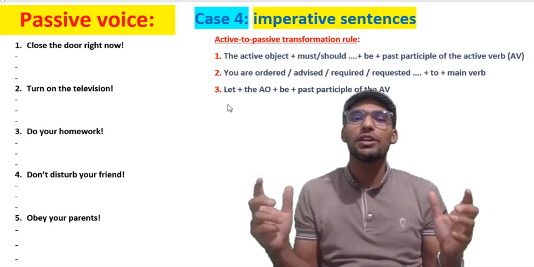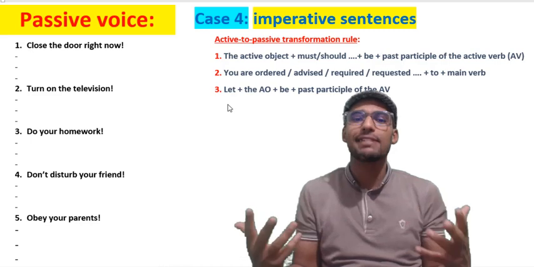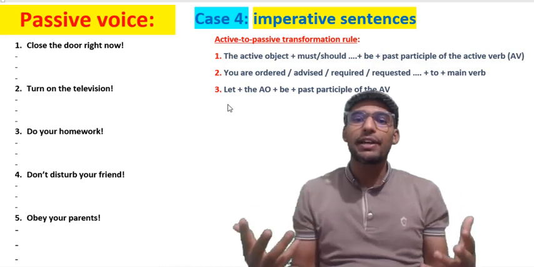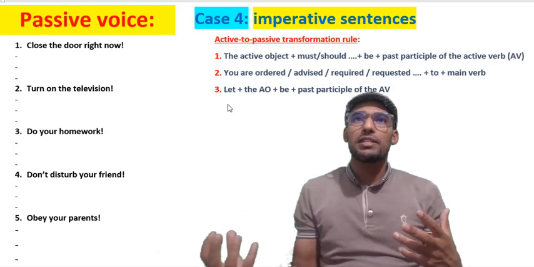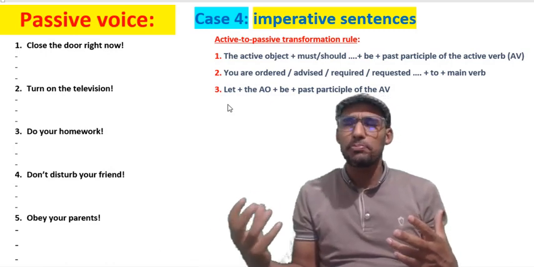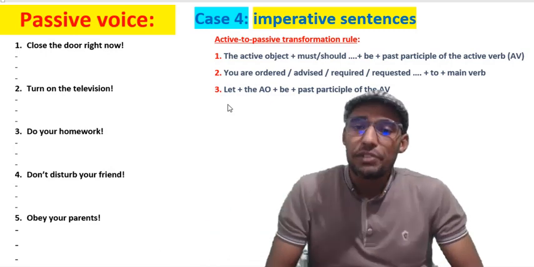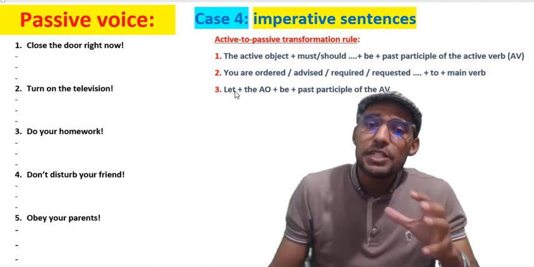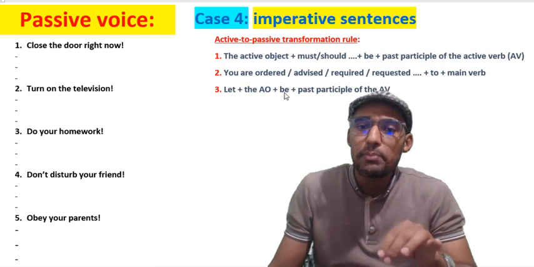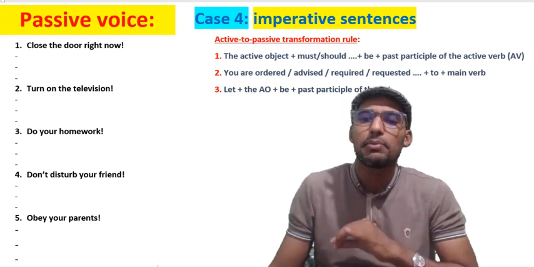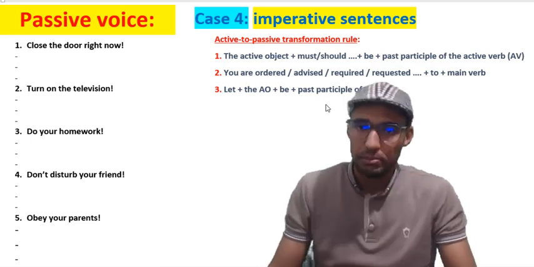No matter what the type of sentence or case that we are in, we are required to use the verb to be together with the passive form or the past participle of the verb. So you can use this expression: let's plus the active object, be plus the past participle of the active verb.